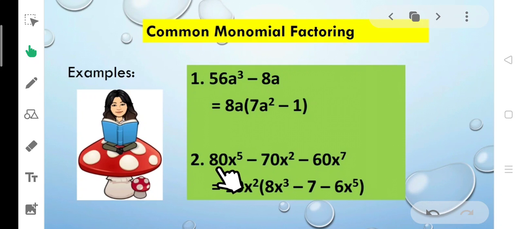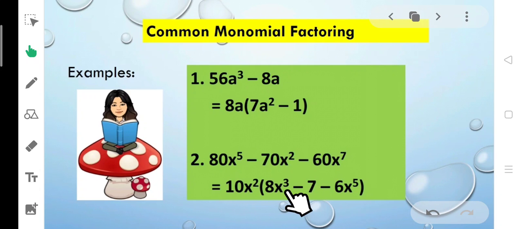The greatest common factor of 80, negative 70, and negative 60 is 10. And for the variable x, the greatest common factor is x squared. This is the variable with the least number of exponent. So the GCMF is 10x squared.